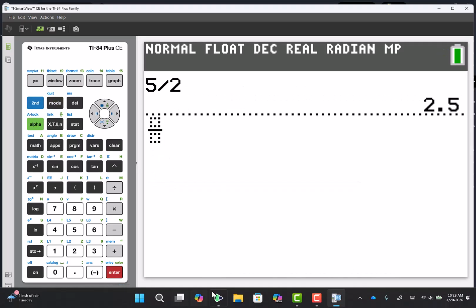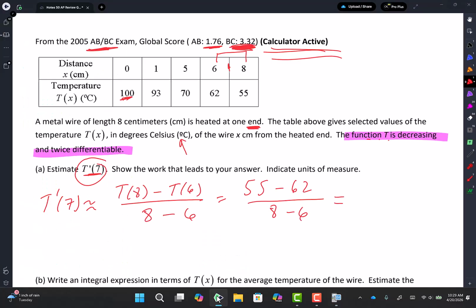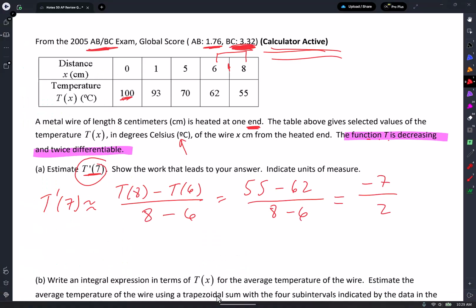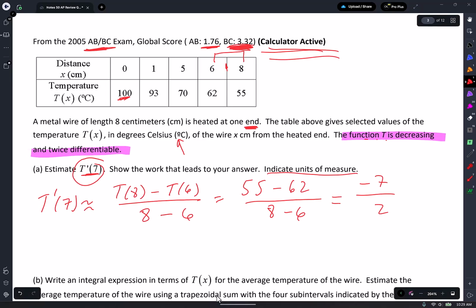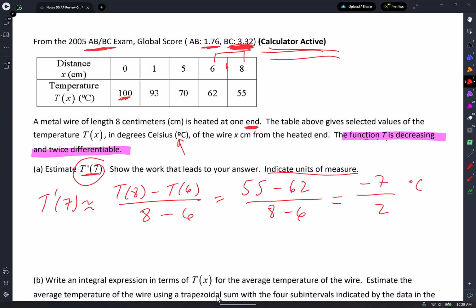Is that what you got? The difference between 55 and 62 is 7, so -7 over 2. And it did say indicate units of measure. So the top is degrees Celsius, and the bottom is centimeters. Degrees Celsius per centimeter. There it is. That's it.